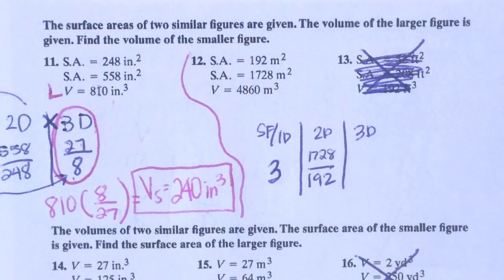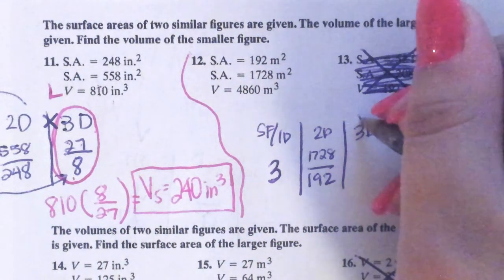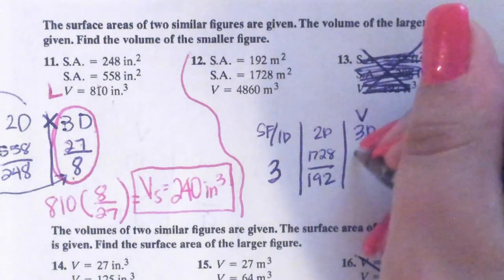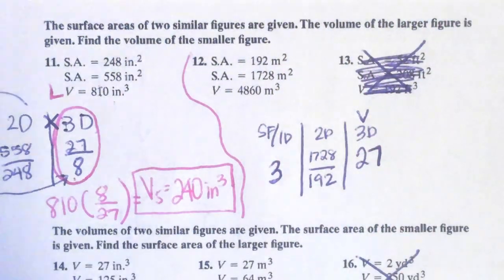Okay, I'm going to give you one more time. What is my volume ratio or volume scale factor? 27. So the 27 is my answer?